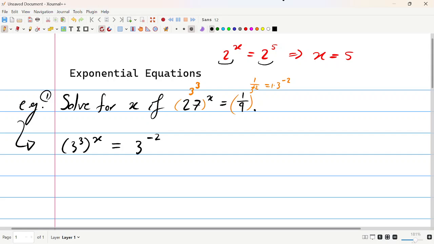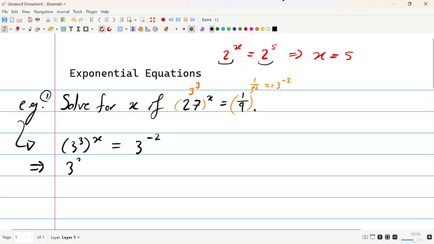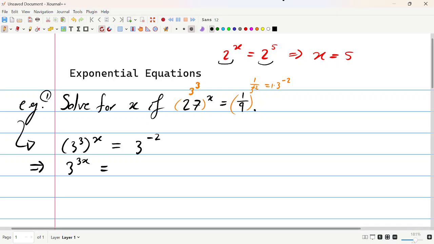And we know from the other exponent laws that when we have exponents raised to each other, we can just multiply them. So therefore, we have 3 to the power of 3x is equal to 3 to the power of negative 2. Now what do you notice here? Notice that the base on the left-hand side is the same as the base on the right-hand side, meaning we're done with the bases.